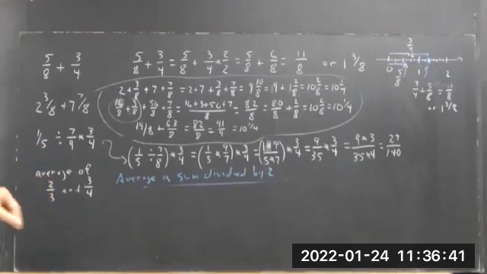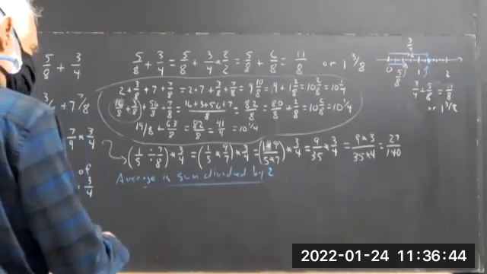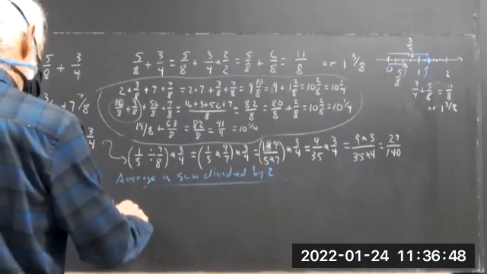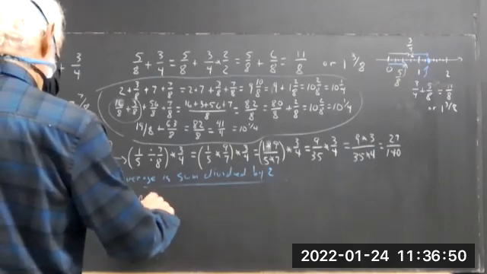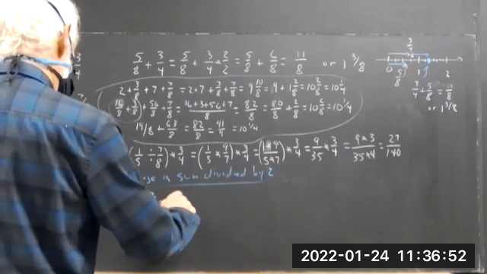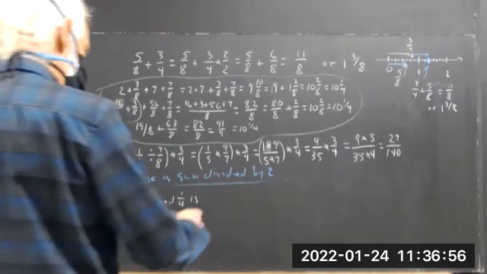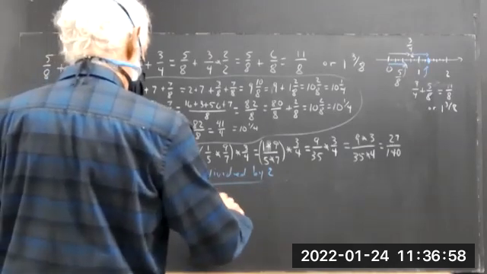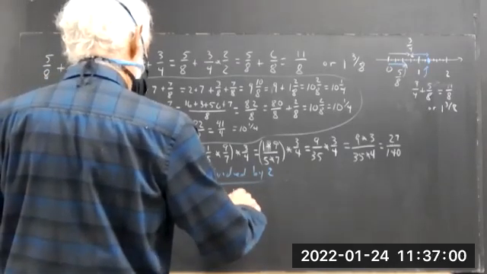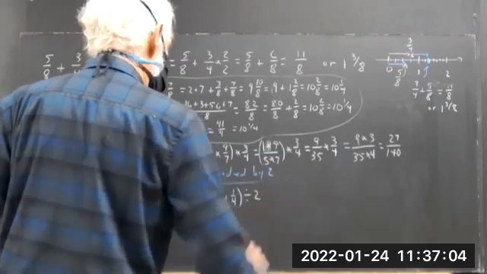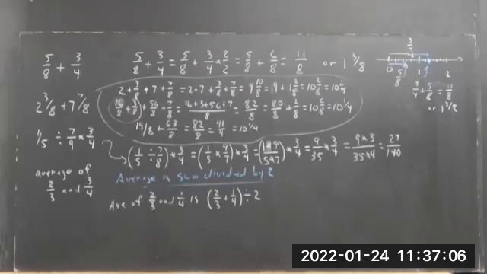Okay. So that means this, right? You add them and divide by 2.